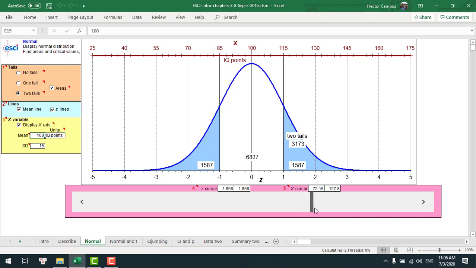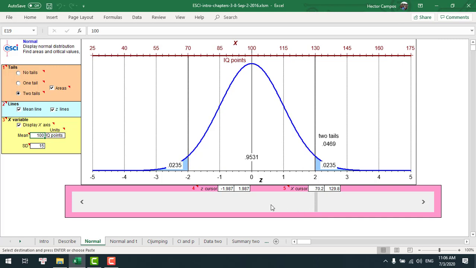What if we moved to 2 standard deviations? So let's go to 2 standard deviations, and we want the distance between -2 and 2 standard deviations, just a little bit more. Okay, so here we go 1, 2, 3. Still too high. Okay, almost there.